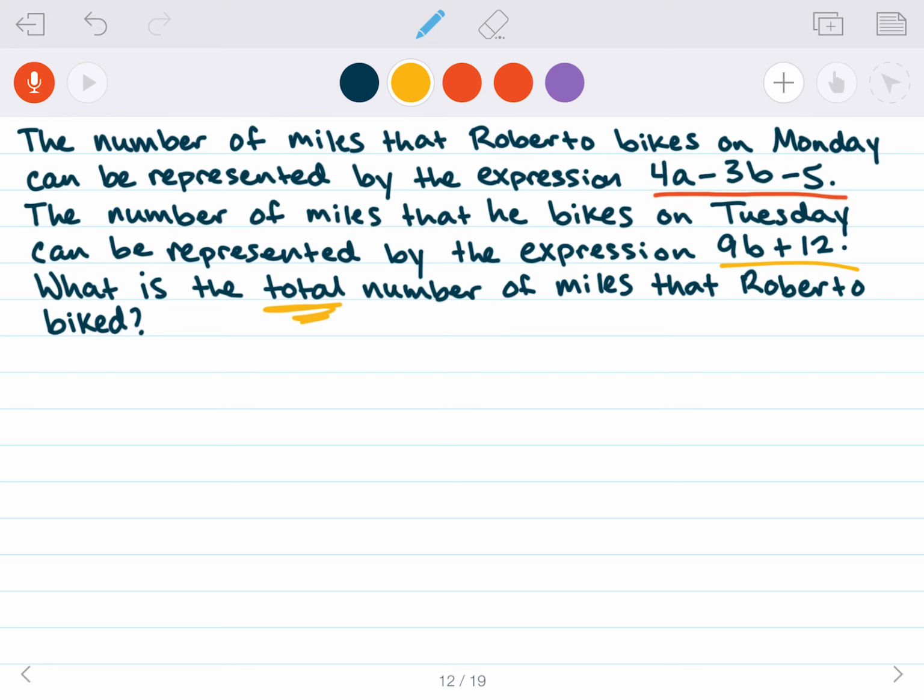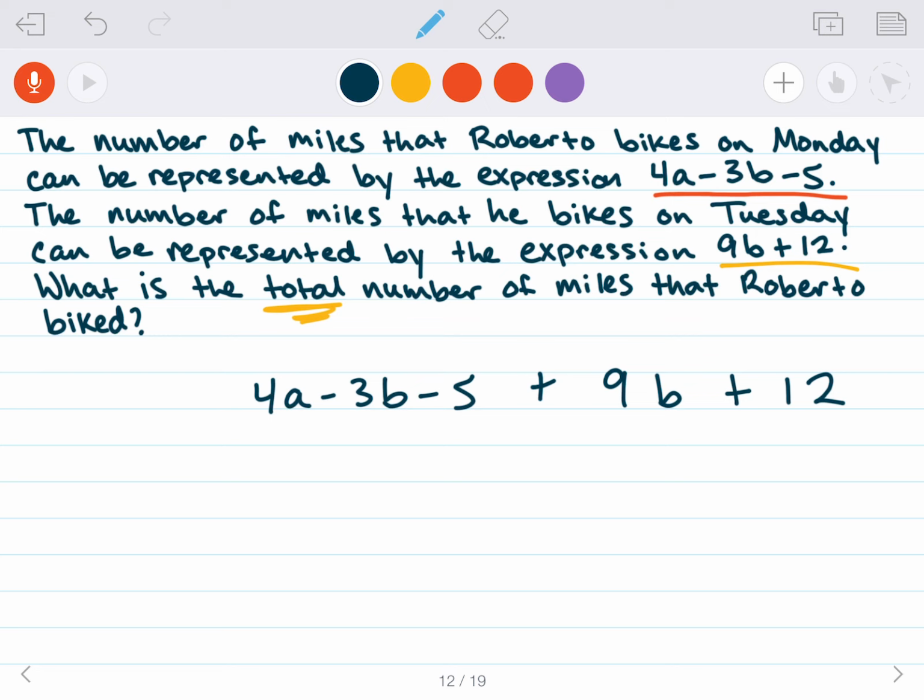So total means add. So what we're going to do is we're going to have 4a minus 3b minus 5. That's how many miles he bikes on Monday, plus how much he bikes on Tuesday, which is represented by 9b plus 12.